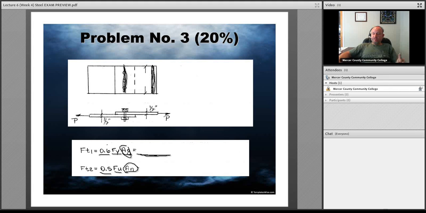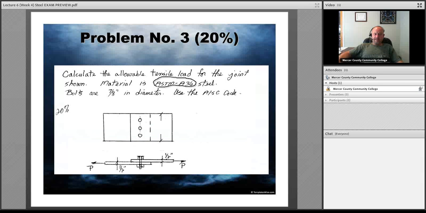The area of one hole is going to be the thickness of the plate times the diameter of the hole. Remember that, not the diameter of the bolt, the diameter of the hole. In this case, the diameter of the bolt was given as 7/8 of an inch.